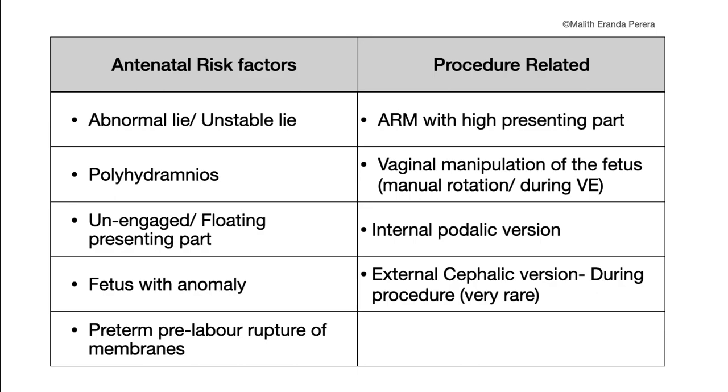Procedure-related risk factors would be artificial rupture of membranes with high presenting part, vaginal manipulation of the fetus like manual rotation of the head, internal podalic version or reali with external cephalic version. You can add few more risk factors to this list.